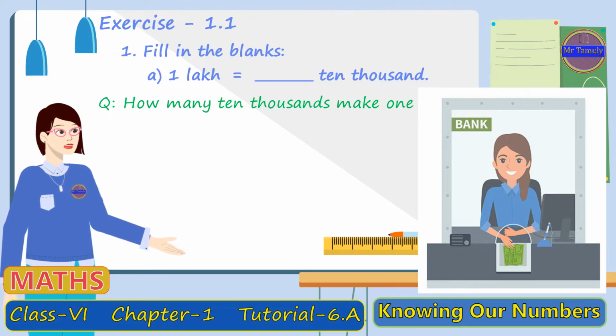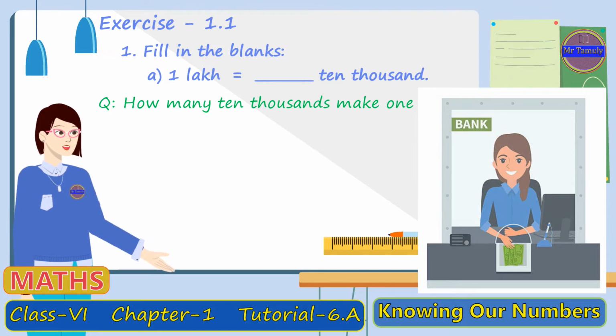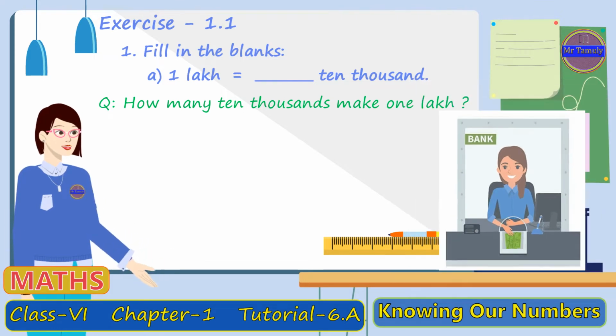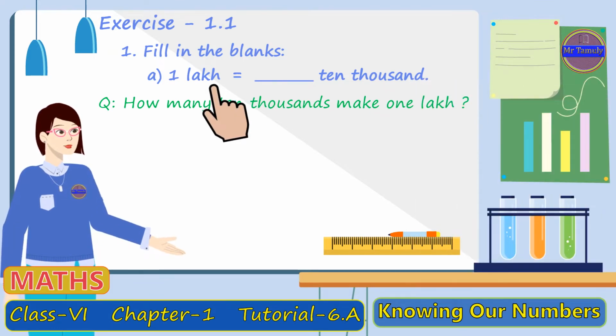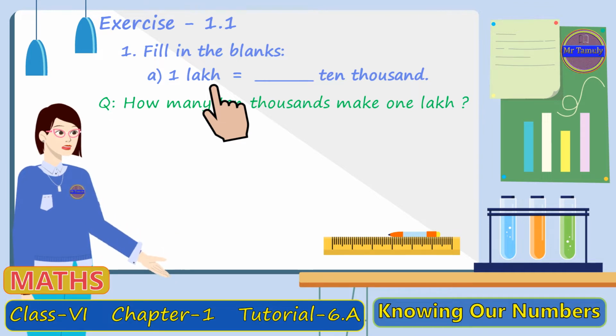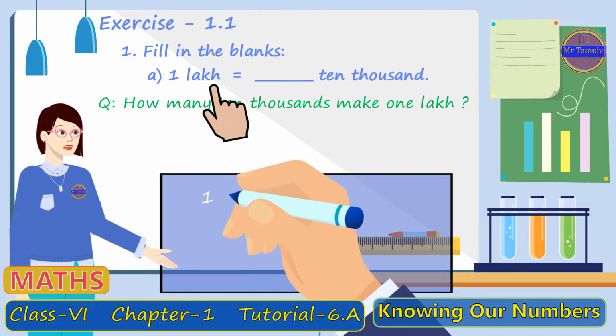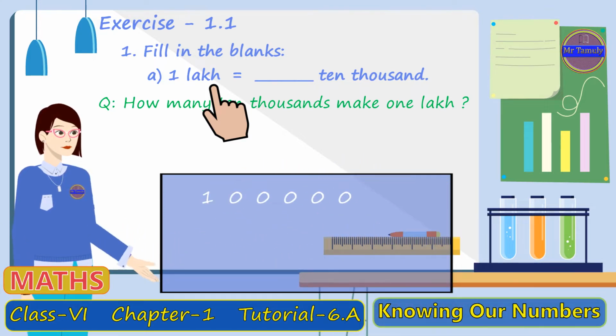So in order to find out the answer, what we shall do is, first we shall write in numerals or figures the number that we have on the left hand side of the equal to sign. The number is 1 lakh. So we shall write 1, 0, 0, 0, 0, 0.